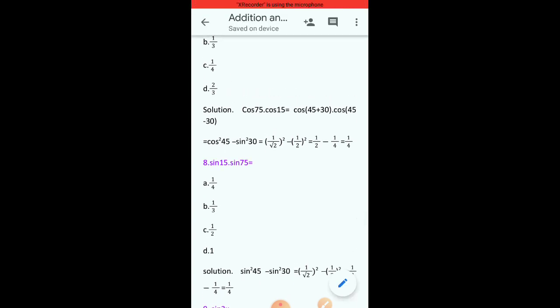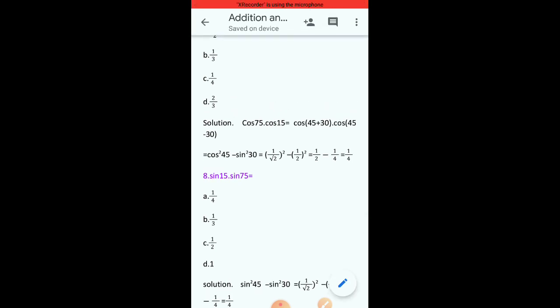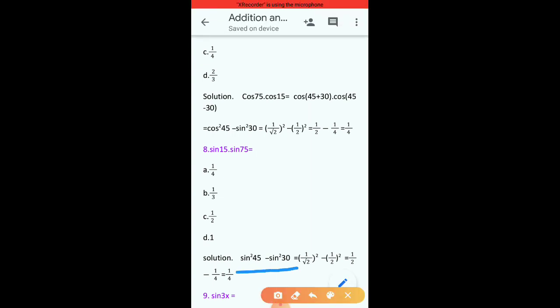So we can write sin (45 plus 30) into sin (45 minus 30), and then we have the formula sin (A plus B) into sin (A minus B) is sin square A minus sin square B. So we can write sin square 45 minus sin square 30, and putting the value of sin 45 and sin 30, we will get (1 upon under root 2) whole square minus (1 by 2) square, and finally we will get 1 by 2 minus 1 by 4, which is equal to 1 by 4.